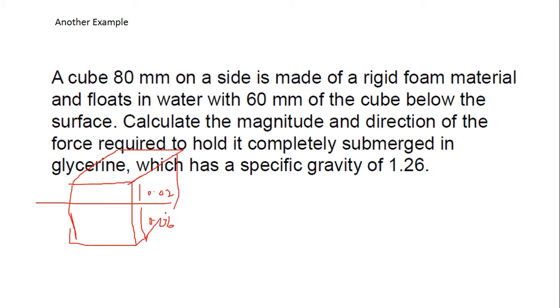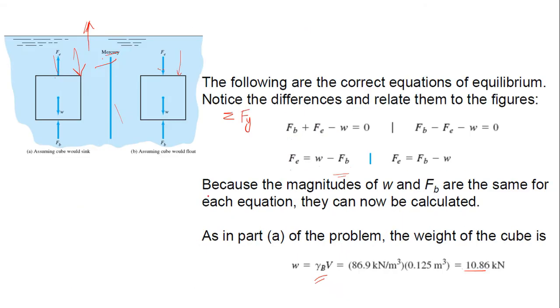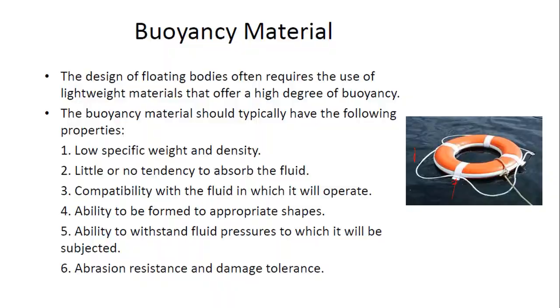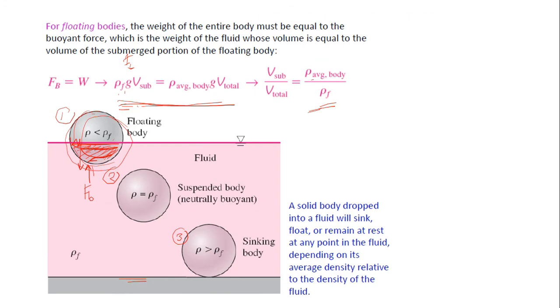Okay, this is floating. Remember the case when it's floating, refer back to your notes. Here, scenario 1, the floating body, there are only two components: ada FB dan ada W. FB equal to W.